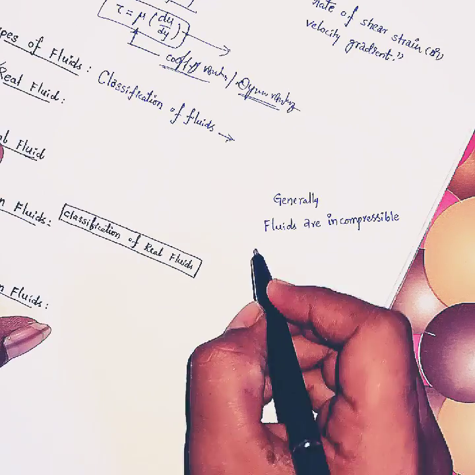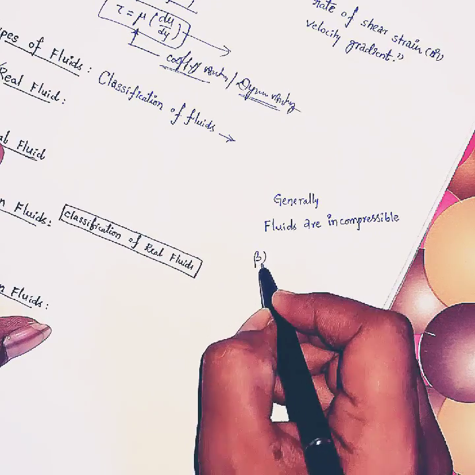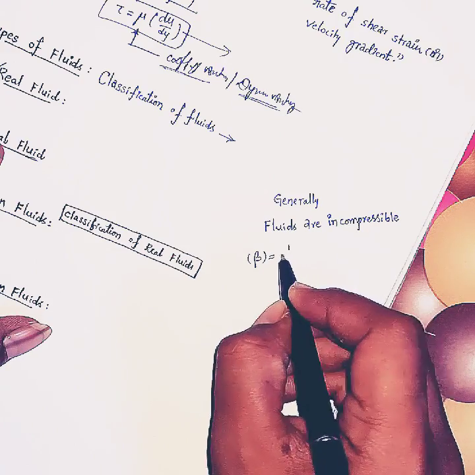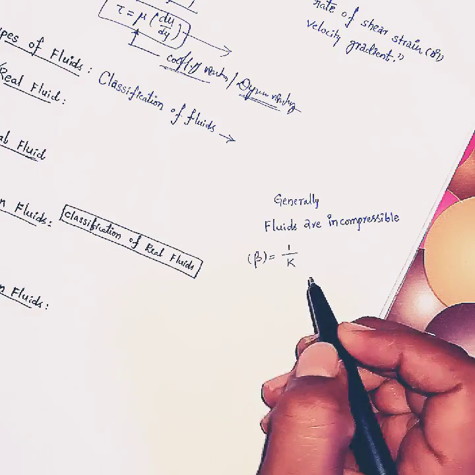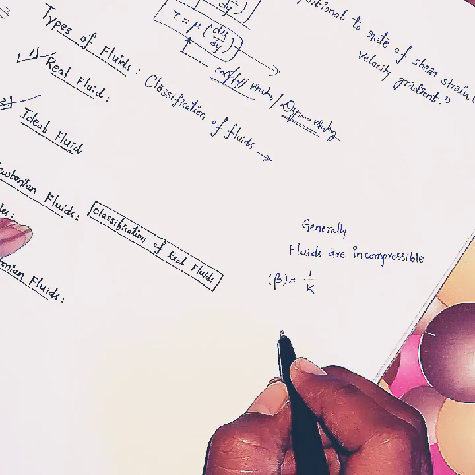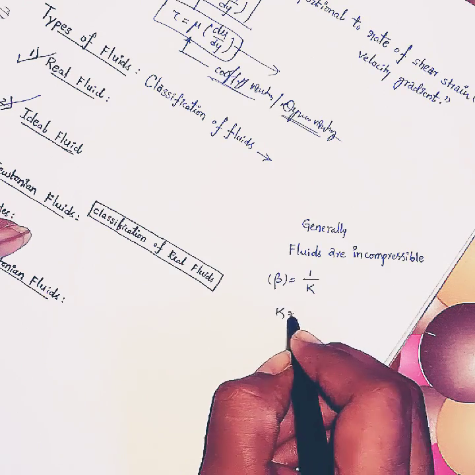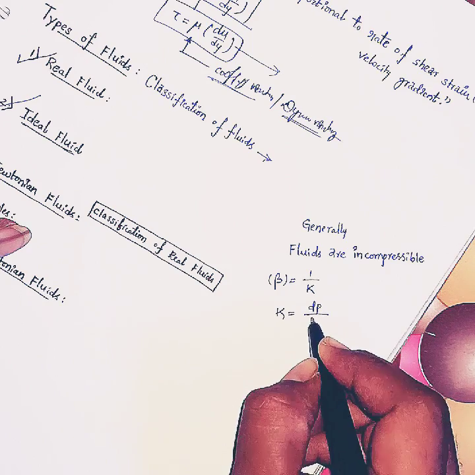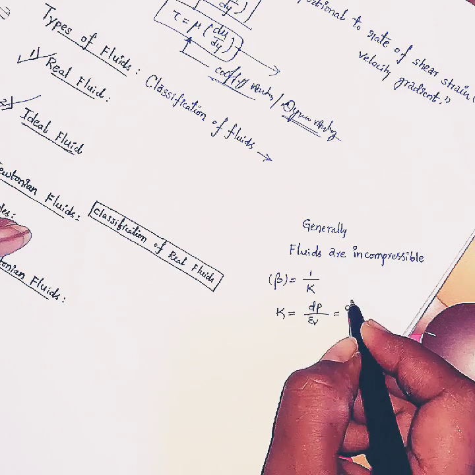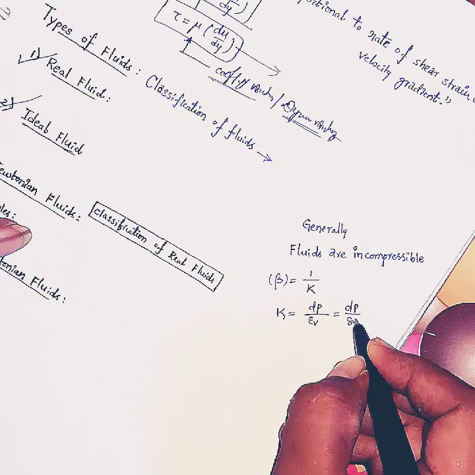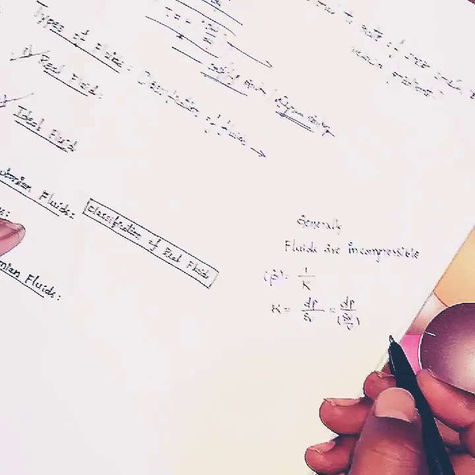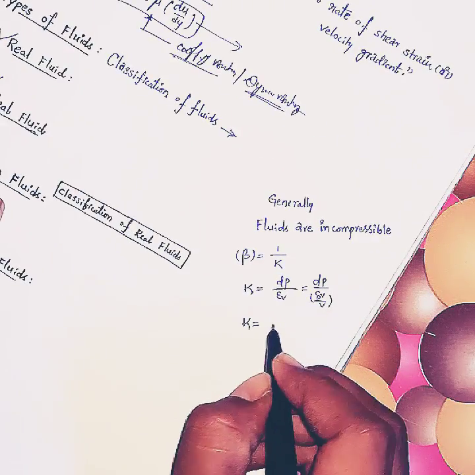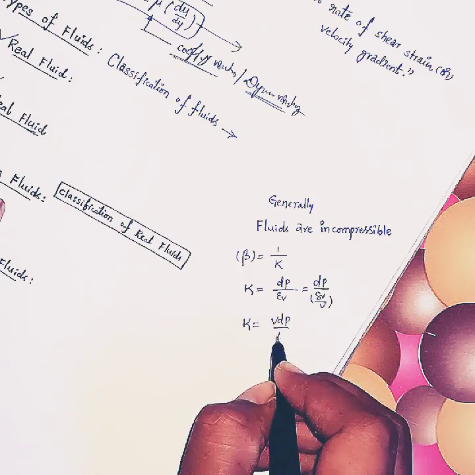Here the compressibility beta is inversely proportional to the bulk modulus. Compressibility of a fluid is nothing but the change in pressure to the volumetric strain, that is dP by change in volume by original volume. We can also write this as V dP by dV.